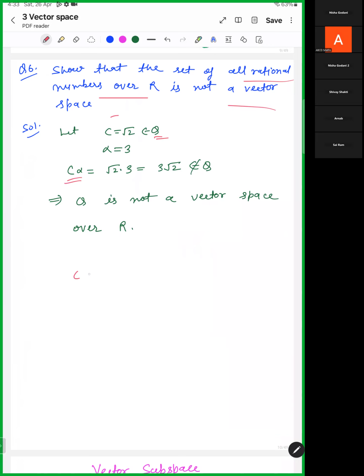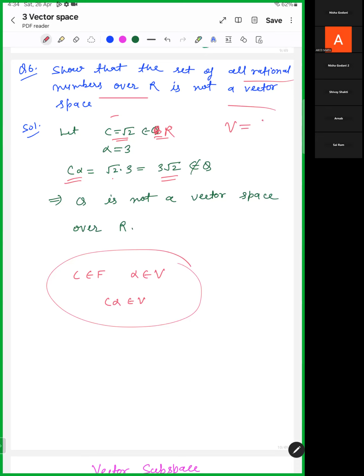We know that if C belongs to the field and alpha belongs to the vector space, C alpha must belong to V. So I have taken C equal to root 2, which does not belong to Q, and alpha equal to 3. Then root 2 into 3 means 3 root 2, and 3 root 2 is not belonging to V.